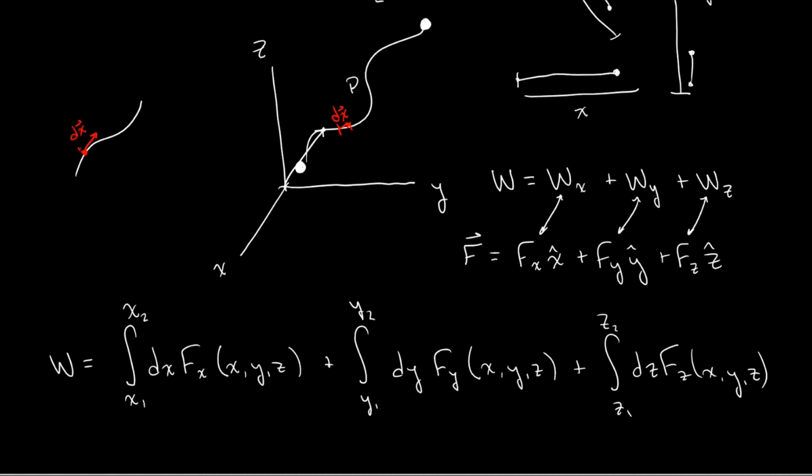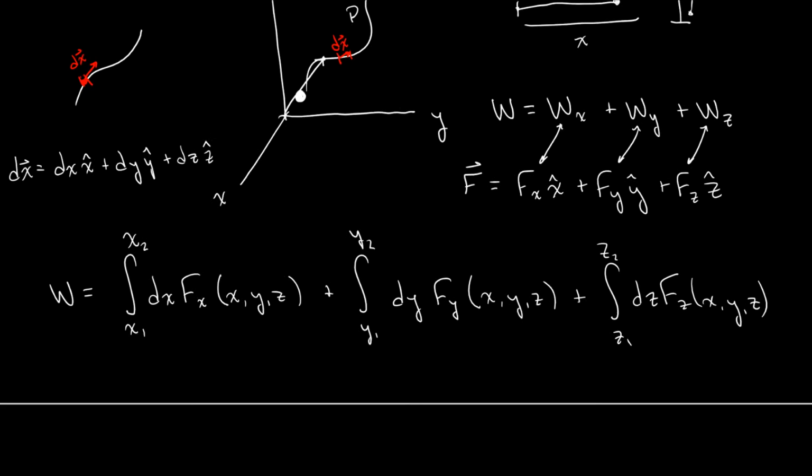So it's the change in this small tiny little region. I can define this as the tiny amount of change in the x direction, tiny amount of change in the y direction, tiny amount of change in the z direction. So this is just some vector which describes how much the path is changing at any given point.